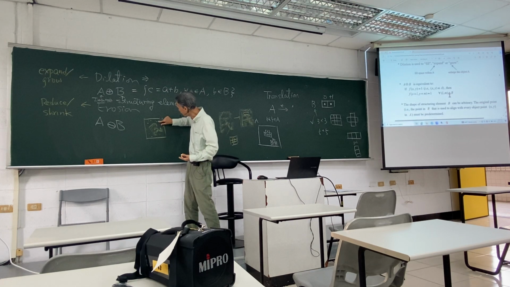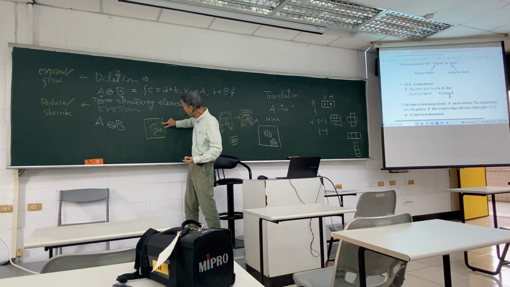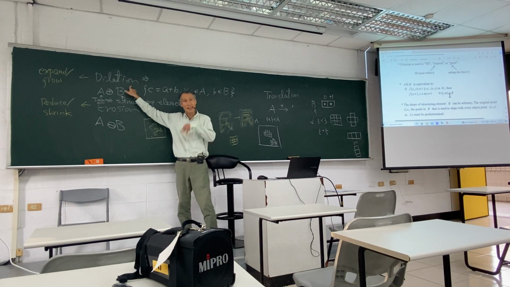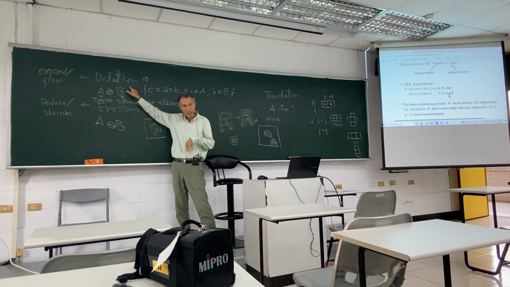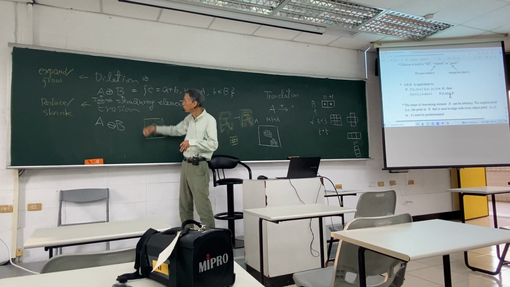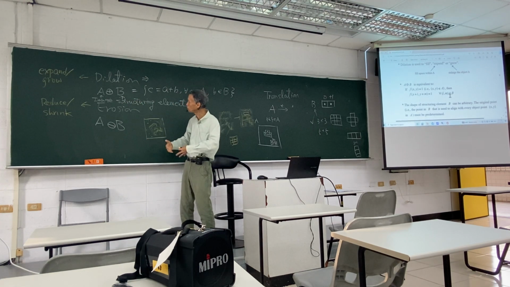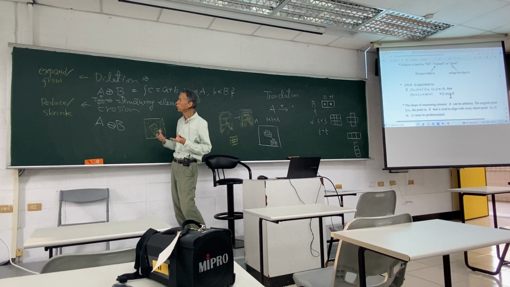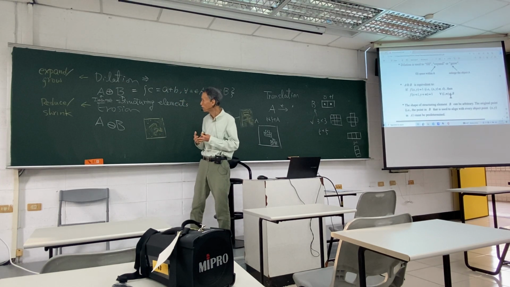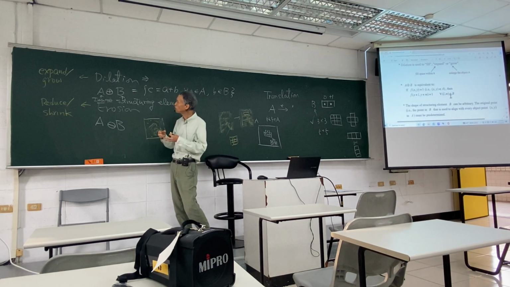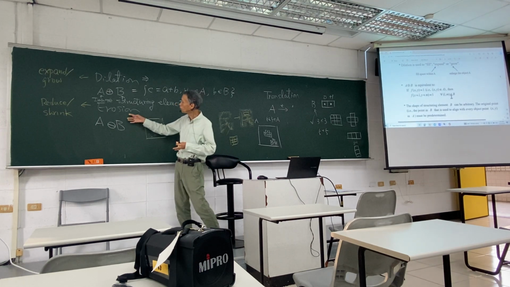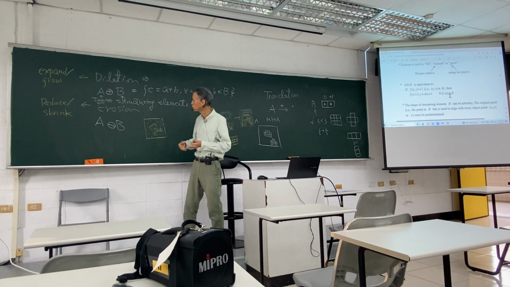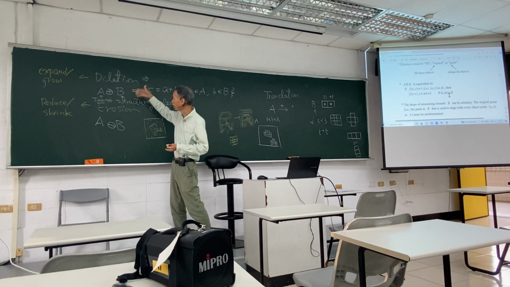But once the noise is removed, there's no way we can put it back with dilation, right? That's the idea. So we need to interchange the dilation and erosion if we want to maintain the original size. But we want to fill the empty space or we want to remove the noise. You need to determine what is your own purpose. So we need to go for the erosion and dilation.